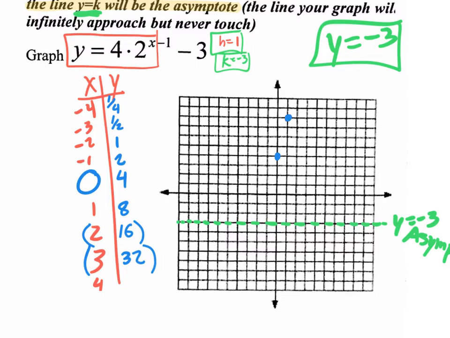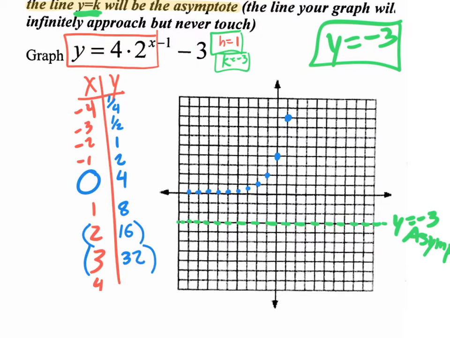That's up here. And 2, 16 is already off the graph. Negative 1 and 2 is right there. Negative 2 and 1 is right there. Negative 3 and 1/2 is right there. Negative 4 and 1/4 is right there. Negative 5 and 1/8 is right there. 1/16, 1/32, 1 over 64, 1 over 128. It's infinitely approaching the asymptote of 0.